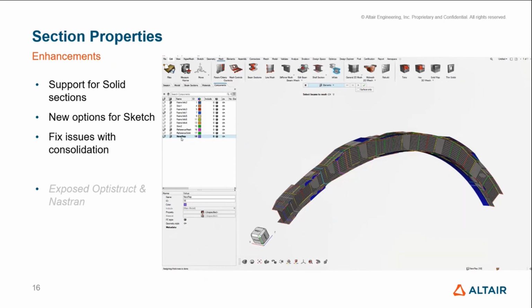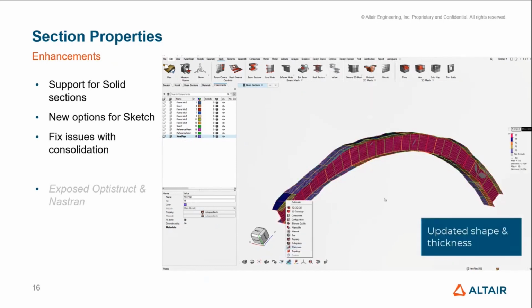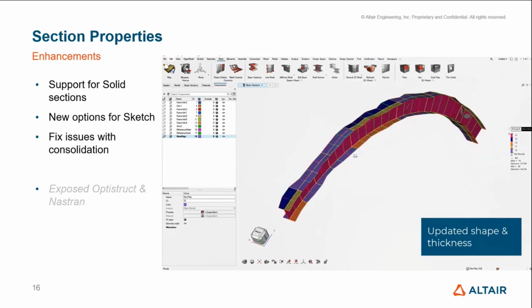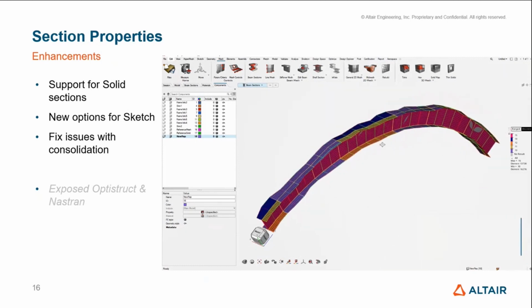So now in this new component here, I have a new mesh which represents the correct shape of the updated sections and has the correct thickness assigned to it. So that's another way to reduce your model, change and optimize your model, and then regenerate the original representation of that model for more detailed analysis.